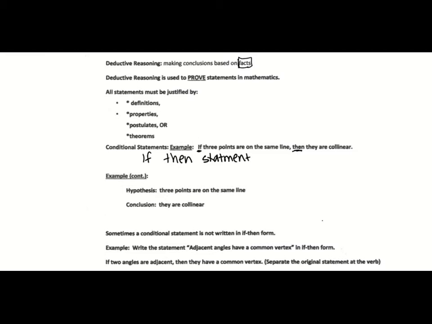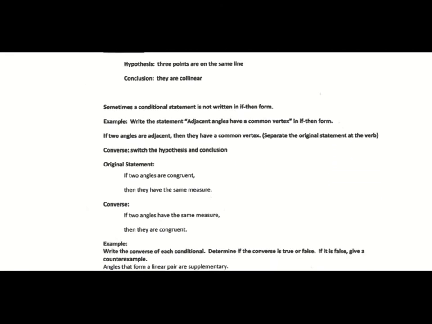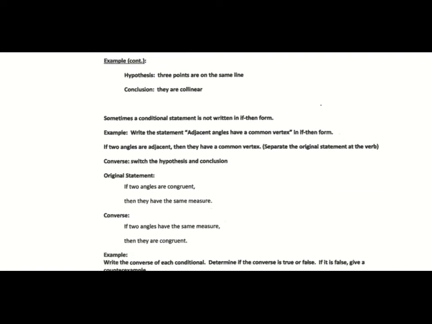Then we also have an example of a conditional statement here with a hypothesis. The hypothesis is our if part. If 3 points are on the same line, then our conclusion is that they are collinear. So that's another example of how to break up a conditional statement into your hypothesis piece and your conclusion piece.